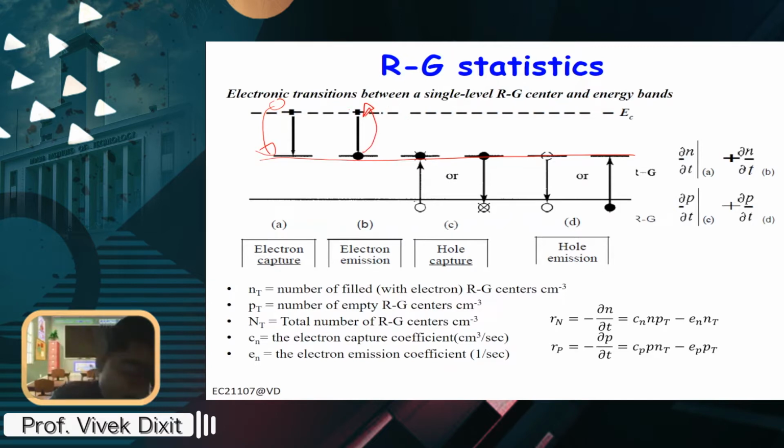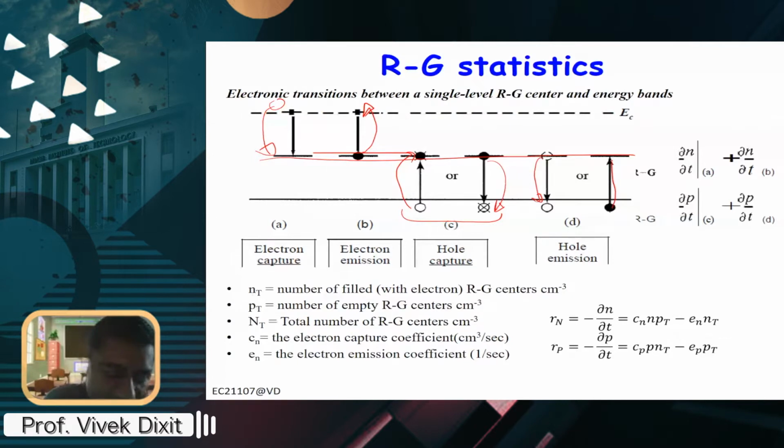Hole capture means a hole goes from the valence band to the trap level. What does it mean? An electron goes from the trap level to the valence band, so these two processes are basically the same. Hole emission means the trap level gives a hole, which means it takes an electron from the valence band, creating a hole there.